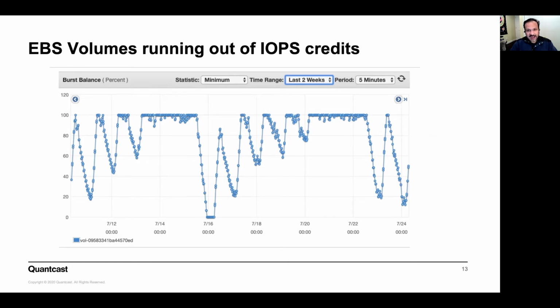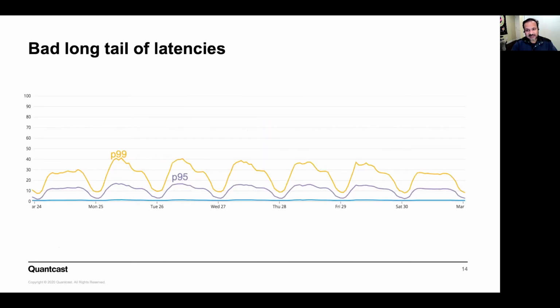What this would do is that we would see the latency for some requests spike up, and then it would recover. It would take quite a long time to recover from running out of IOPS credit. The bad cache hit rate and the IOPS credit problems would both manifest as bad tail latencies, especially during peak traffic.